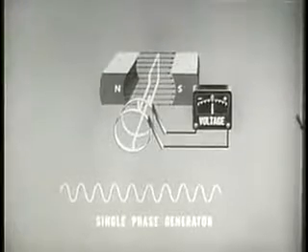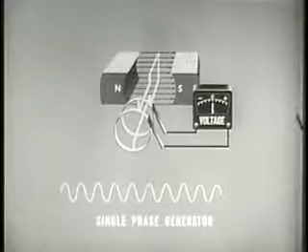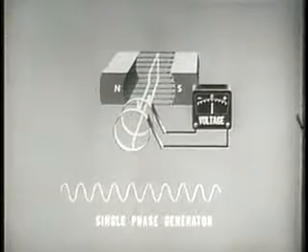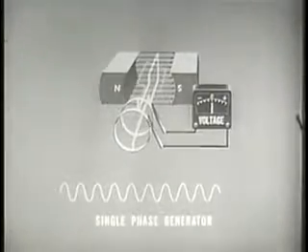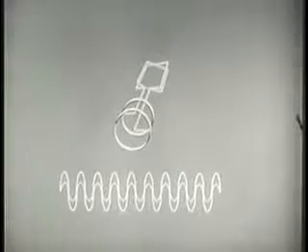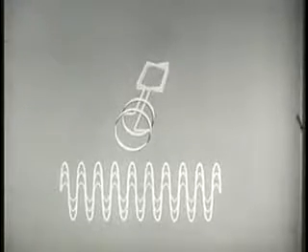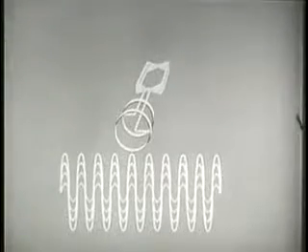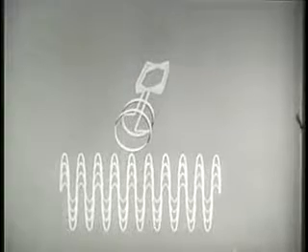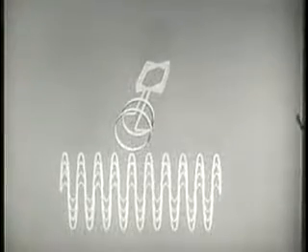This is an elementary single-phase AC generator. The armature of the single-phase AC generator is wound with many turns of wire. These coils are connected in series, so that at any given instant of time, the total voltage induced is the sum of the voltages induced in each individual coil.